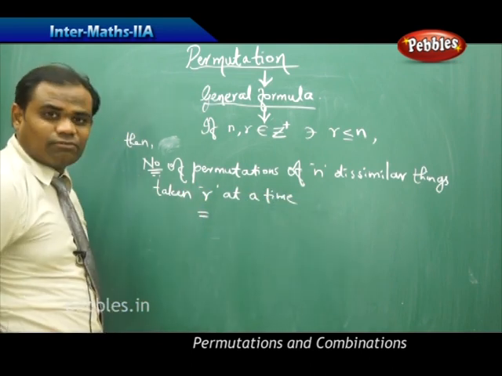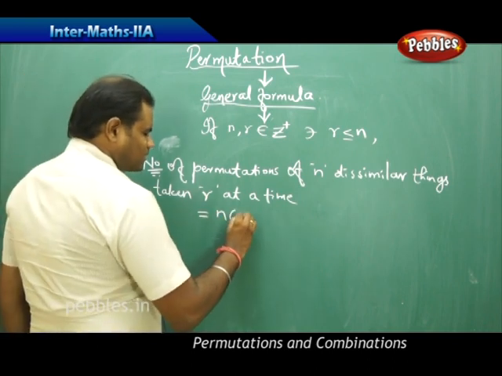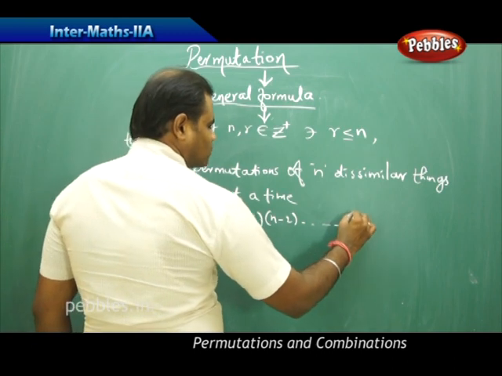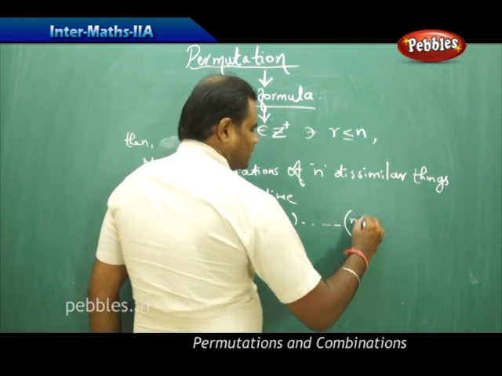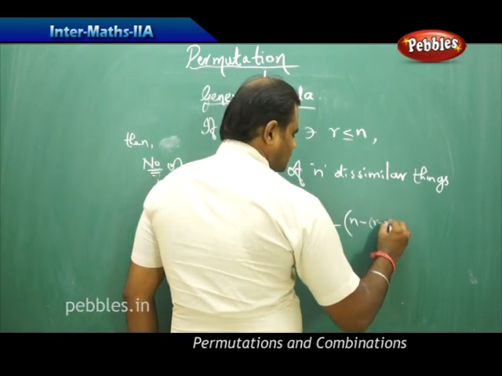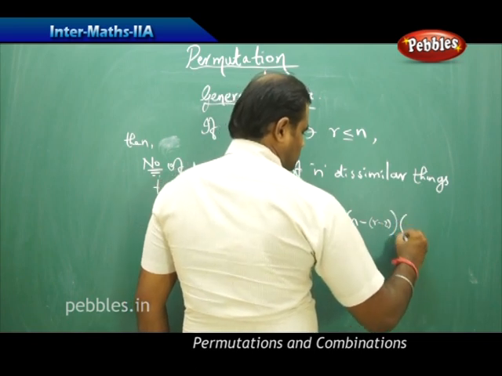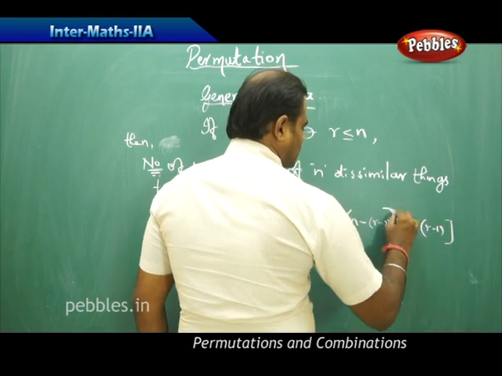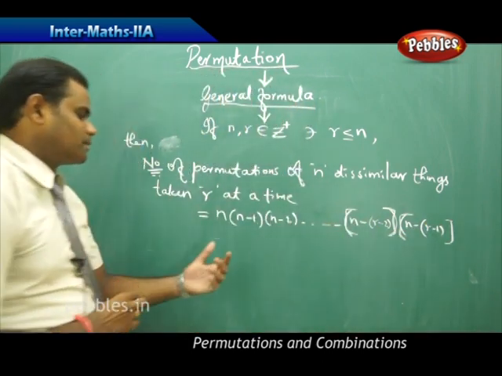is given by the formula n times n minus 1, n minus 2, so on and so forth, till n minus r plus 1, is how we understand the formula.